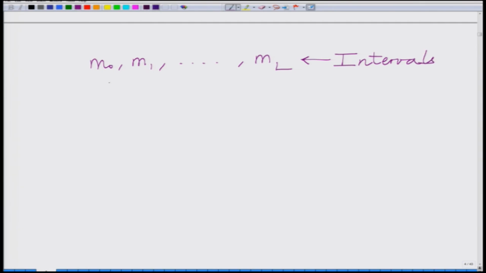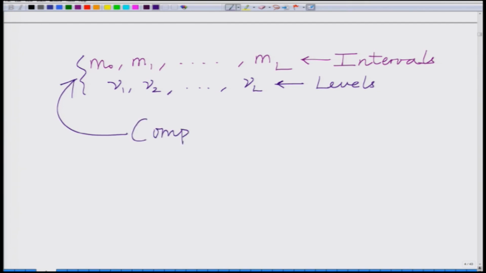And also we have your nu1, nu2, so on up to nu L, these characterize your levels, and we compute them iteratively as part of the Lloyd Max quantization algorithm. Okay. So, that is what we are doing.